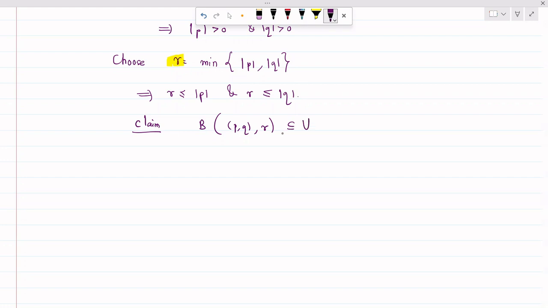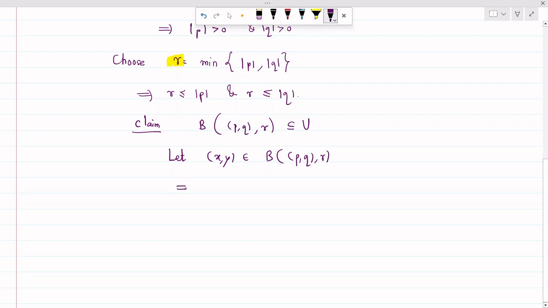To establish this, we will choose any point from the left-hand side and show that that point belongs to the right-hand side. So let (x, y) belong to the open ball around (p, q) of radius r.